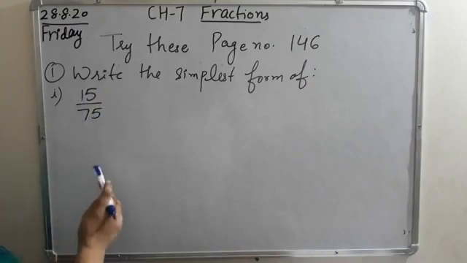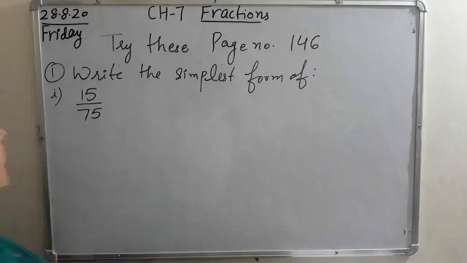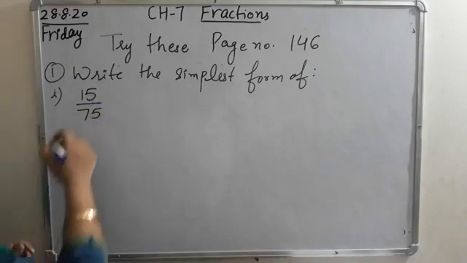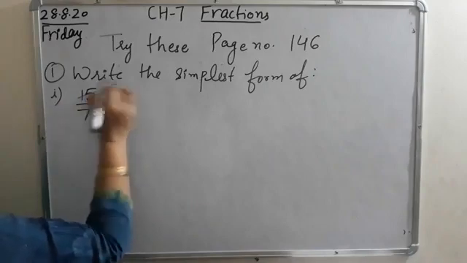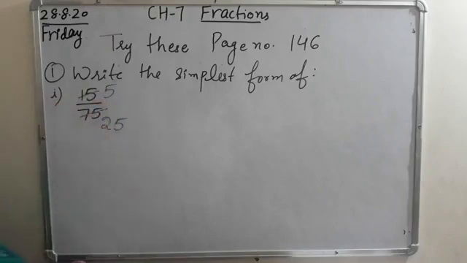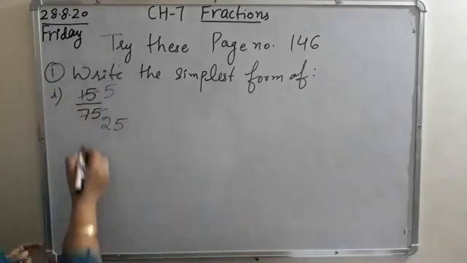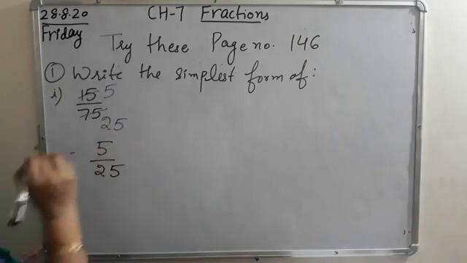So first of all we will make the cancellation in the table of 3 and after cancellation we will get 3 5s are 15, 3 25s are 75. So after cancellation 5 by 25.